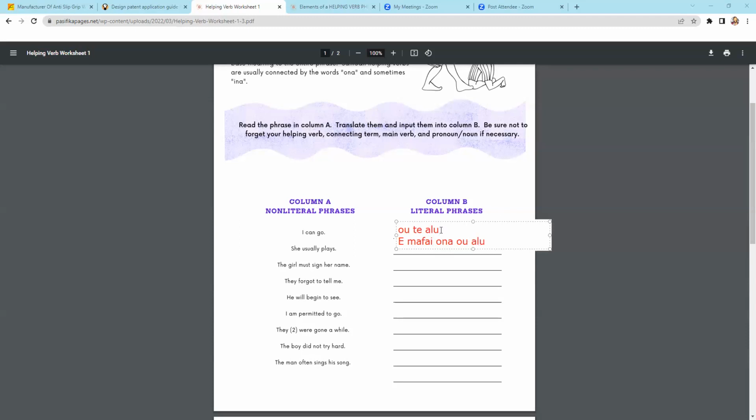More than likely, every time you'll hear it like this, 'o te alu', if it's 'I go', 'o te alu i le pale oloa', wherever you're going. But whenever we're using our helping verb and our connecting word, that's when it switches over. People will say it like this: 'e mafai ona o alu'. Again, it just takes practice.